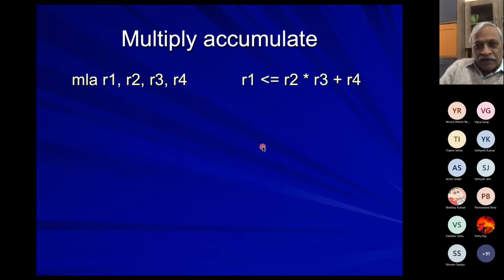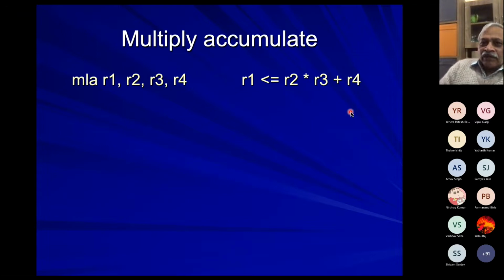So here is the second instruction which I just mentioned, multiply accumulate, and its assembly notation is MLA. 4 registers are specified, and the meaning is R1 gets R2 into R3 plus R4. So a single instruction does this operation.